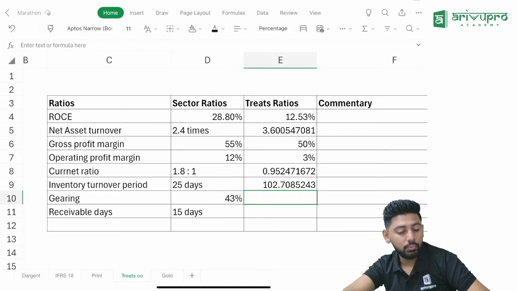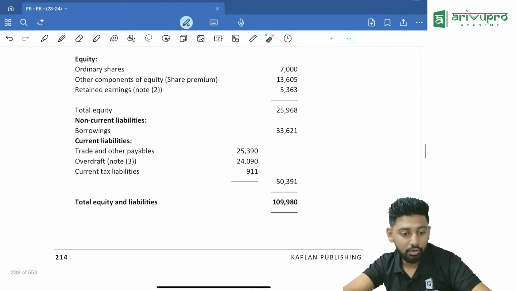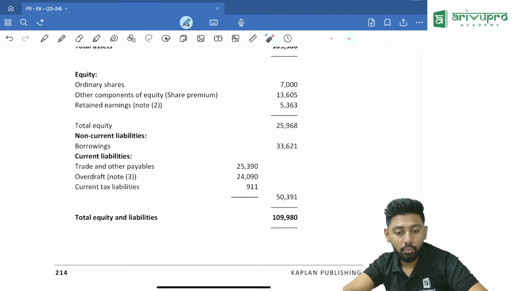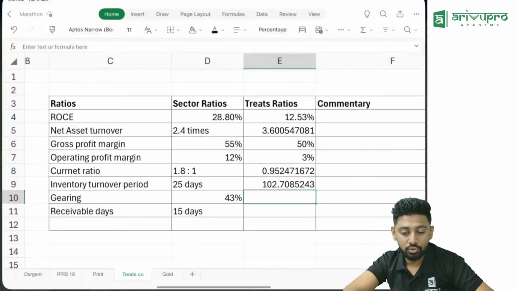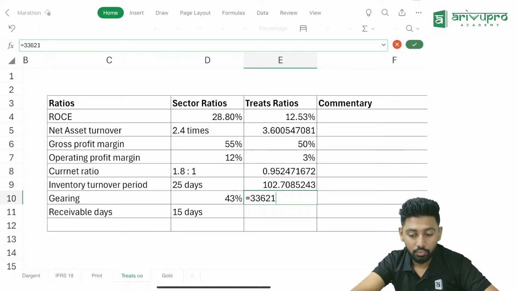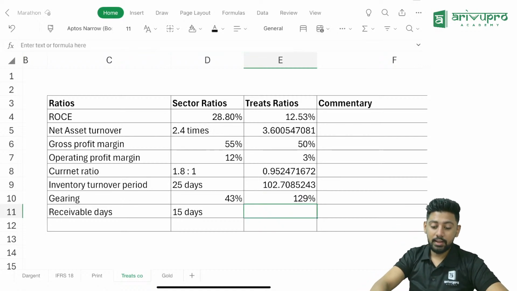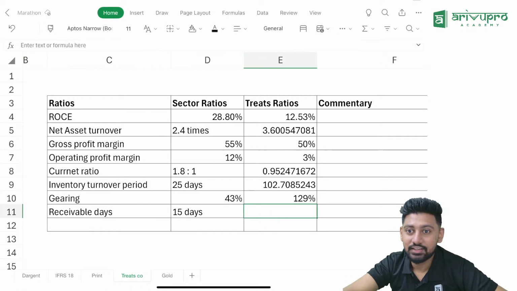And then I'm going on to gearing. Gearing, they say debt over equity. How much is my debt? My long-term debt is standing at 33,621 over my equity 25,968, which gives me 129%. That's a staggering debt amount that I have.